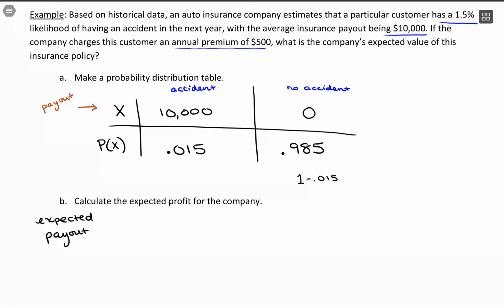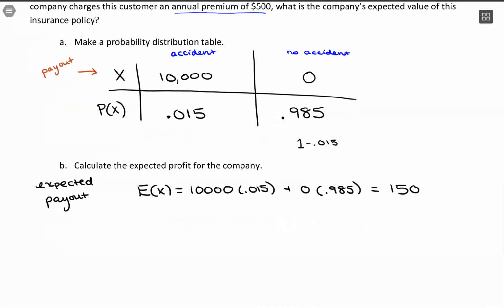If we have this data in terms of percent of them having an accident and knowing this average payout, then expected value would be 10,000 times 0.015 plus 0 times 0.985, which is 150. So what this value tells us is what the company expects to pay out for each policyholder in their account. So let me write that down for us.